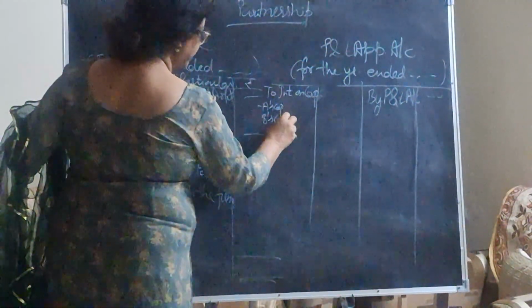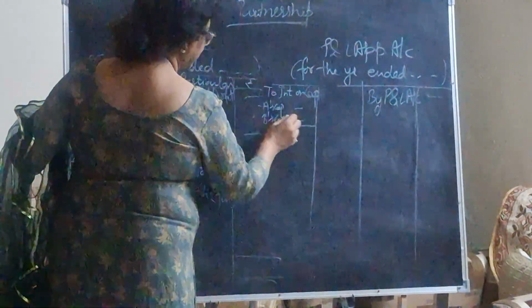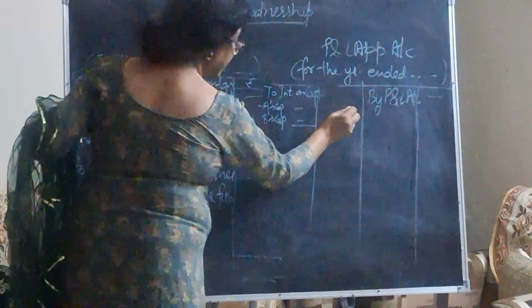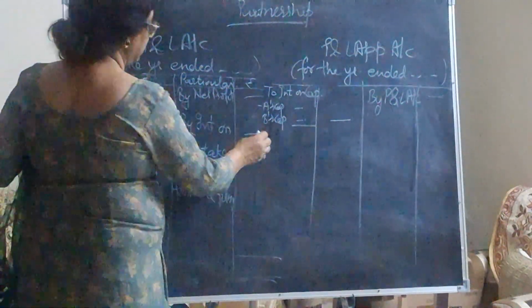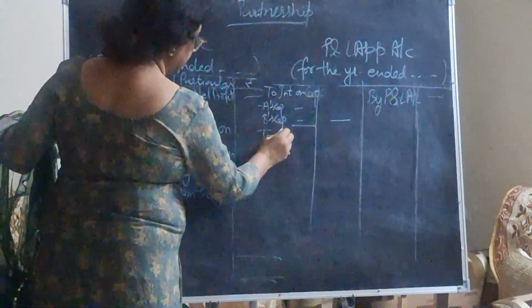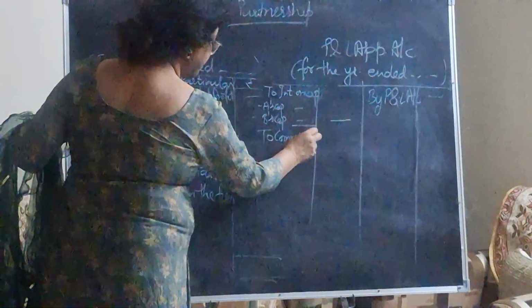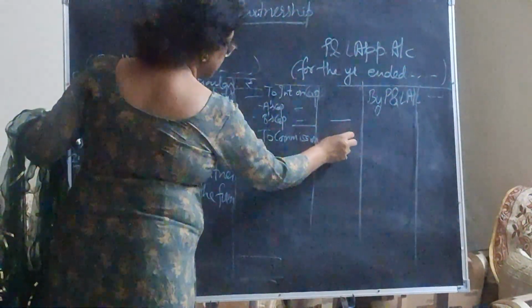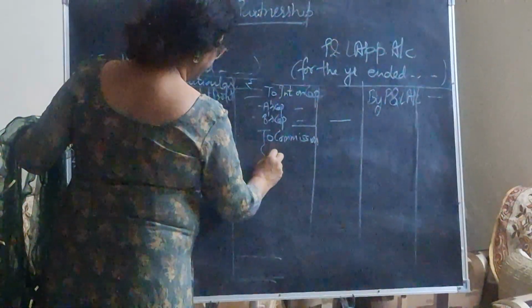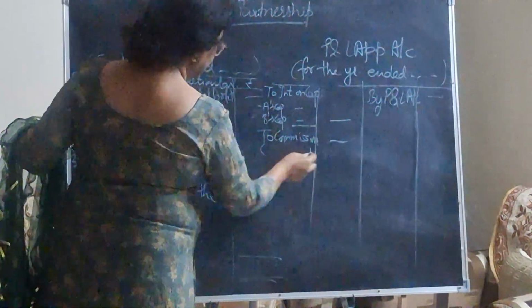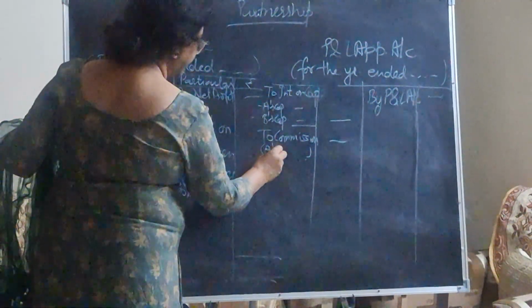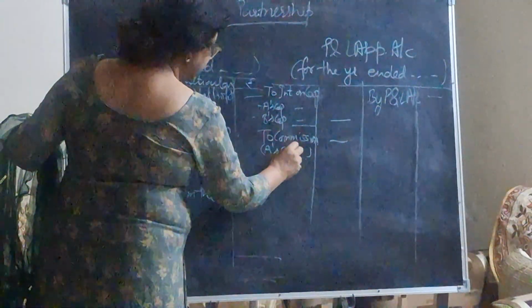As we assume only two partners are there, we add them and show the final figure here. Then to commission. If commission is being given to any partner as per the partnership deed, we have to write the name of the partner to whom it is given. Let's suppose it is given only to A, to A's capital.